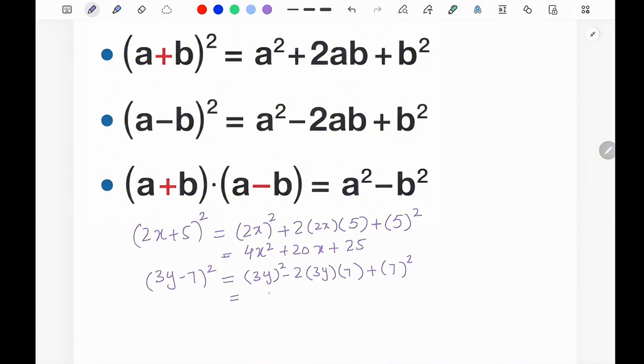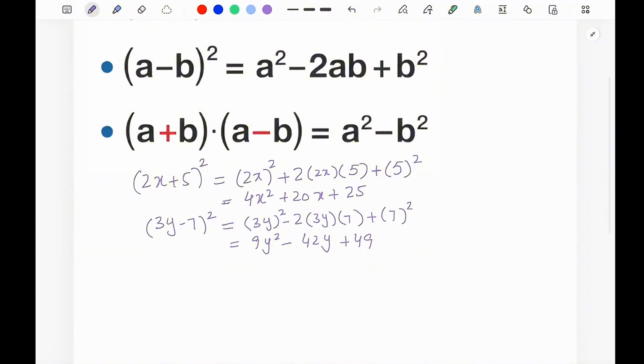Now it will become 9y square minus, so we will multiply 2 with 3y, it will give us 6y. 6y multiplied by 7 will be equal to 42y, plus 49. So the second identity is simplified.